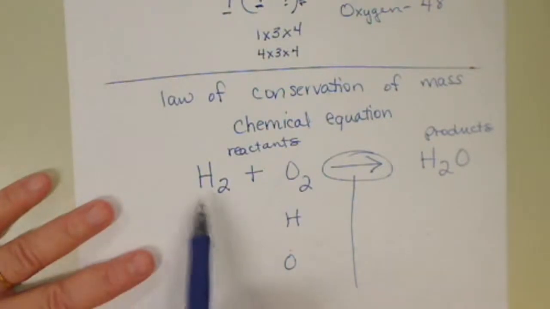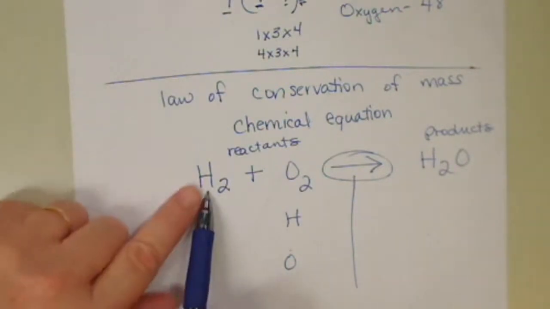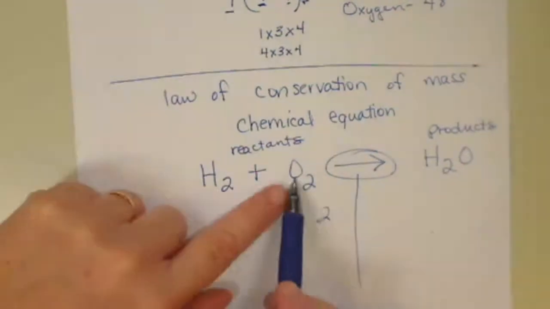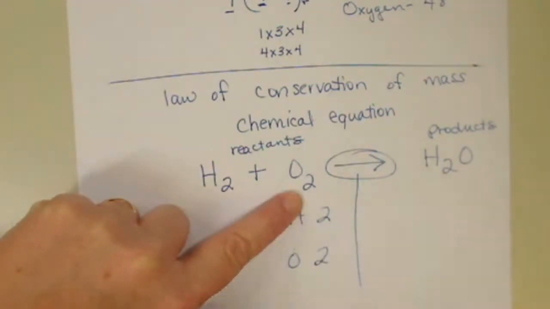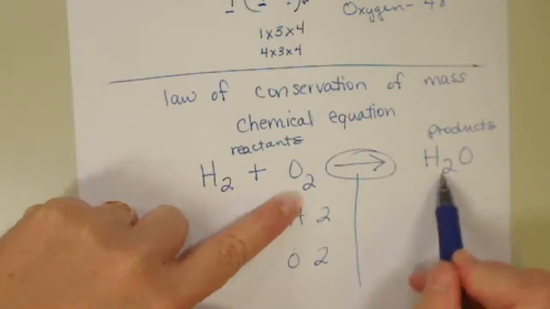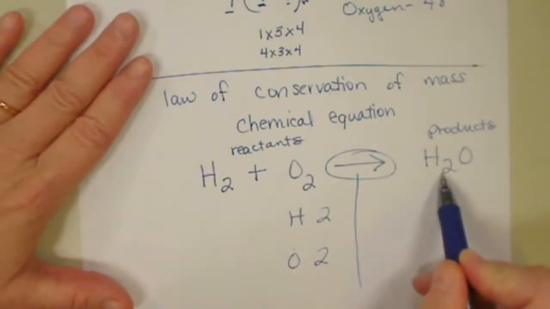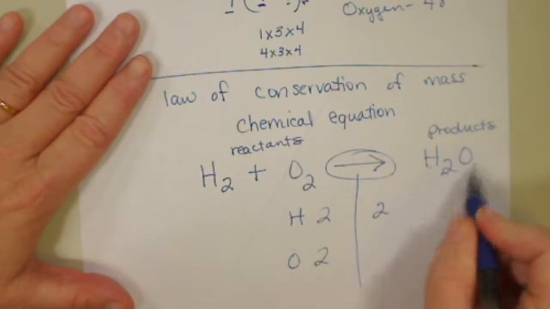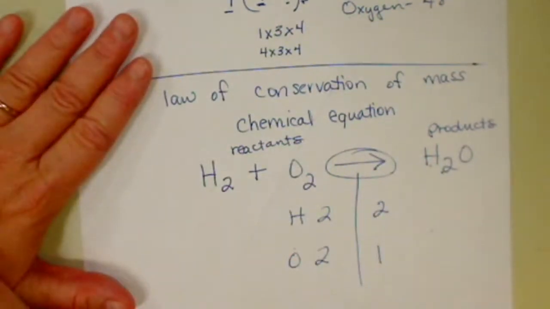And what I do is I'll look here on the reactant side. It says we're starting off with 2 hydrogens and 2 oxygens. On the product side, the way it's currently written, H2O, there are 2 hydrogens, and look here, only 1 oxygen.